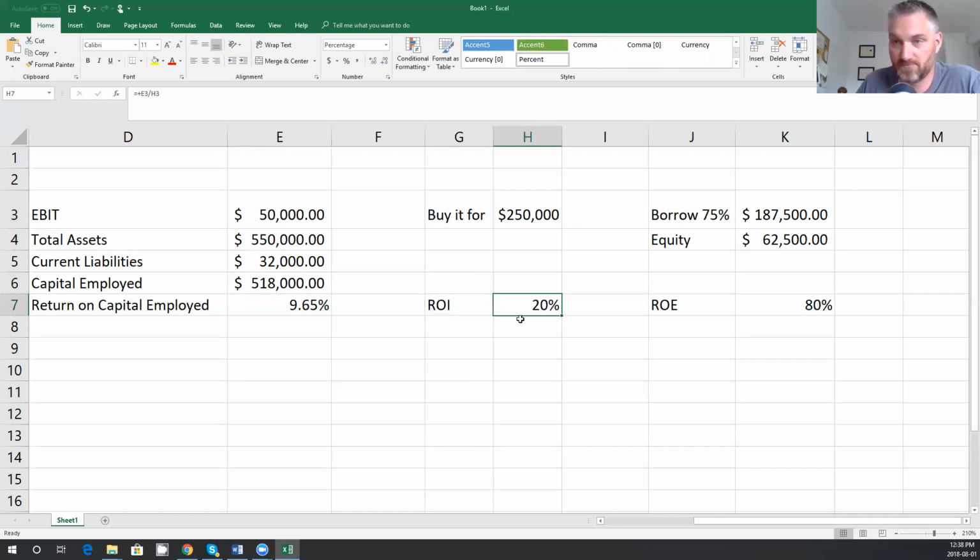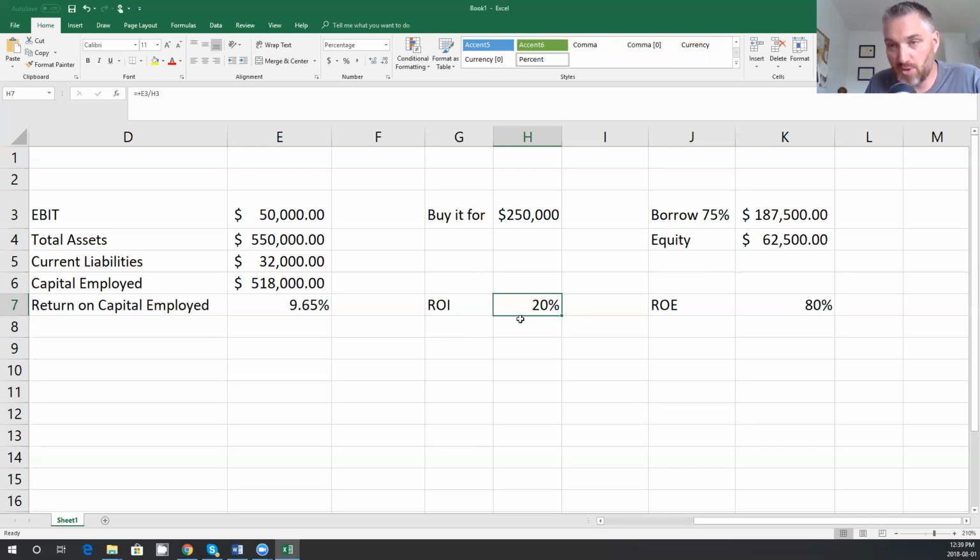Okay? Very easy. Now, ROI is a way that we determine if it makes sense to make an investment. So we might have multiple businesses we could invest in, and each requires a different level of investment, and we can use the profitability and we can determine what our ROI is going to be from making one of these different purchases.